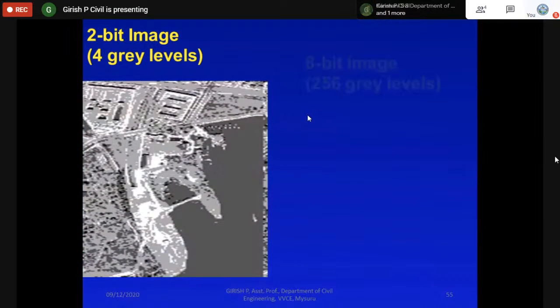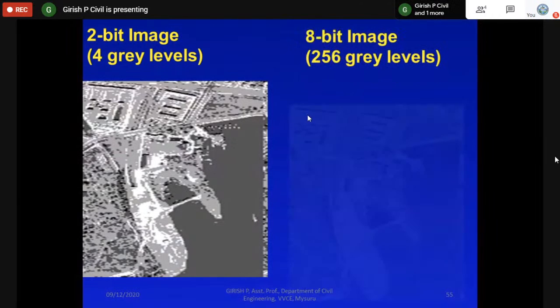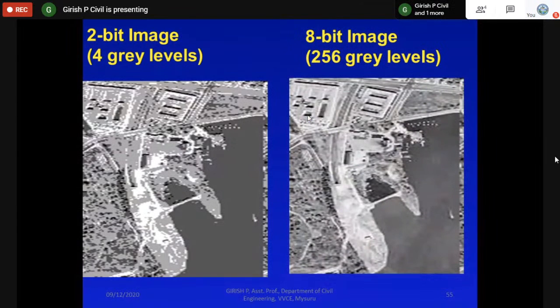A good example is the shades of color, with a 2-bit image and an 8-bit image. Through these various color enhancing techniques, the quality of the image is enhanced. So 2-bit and 8-bit. Similarly, if we further enhance the quality, we go for 16-bit and then 25-bit, like that.